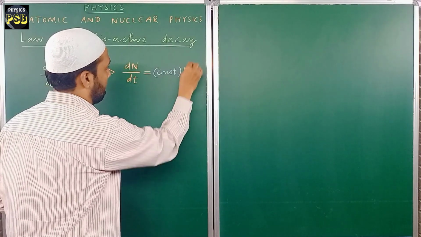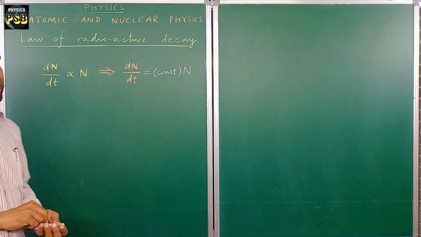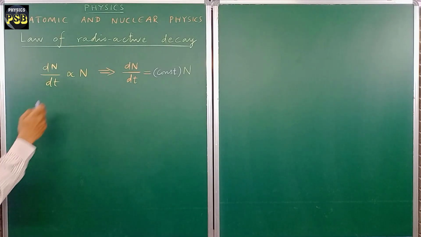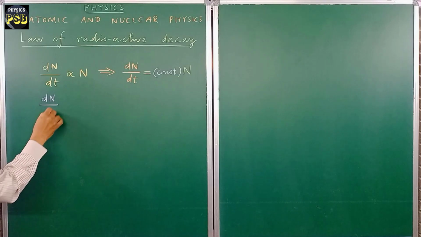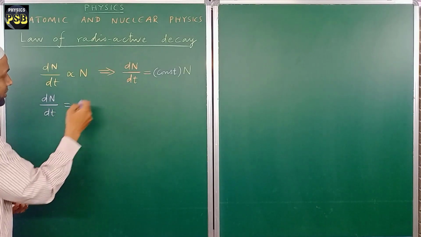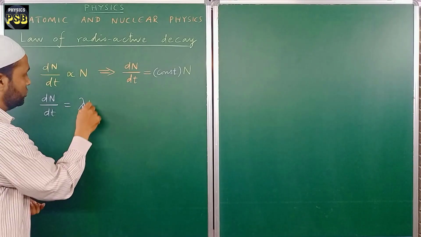This constant is called the proportionality constant. Here I name this constant lambda. So dN by dt equals lambda, then N is written as such.